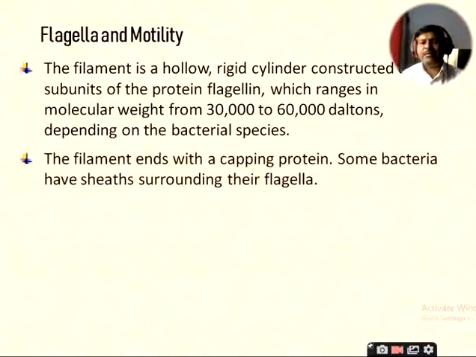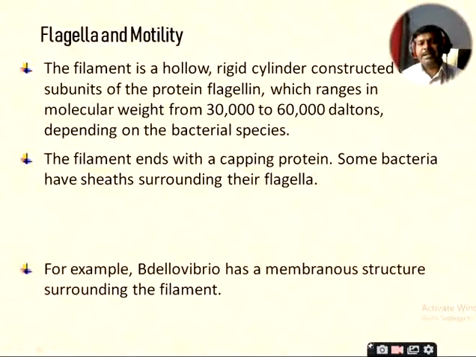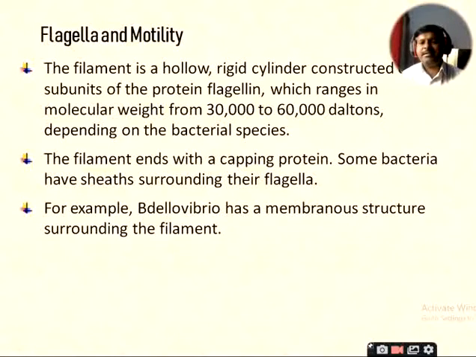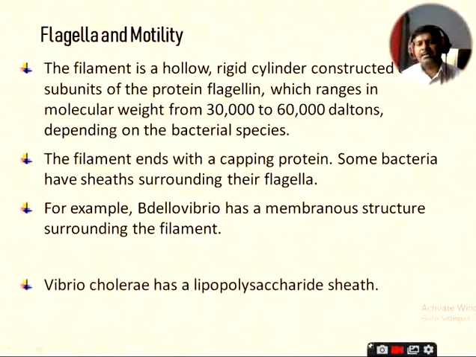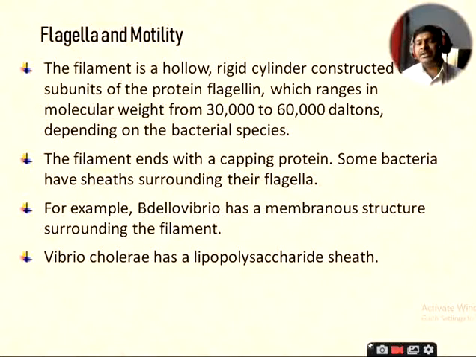Some bacteria have sheaths surrounding their flagella. For example, Bdellovibrio has a membranous structure surrounding the filament. Vibrio cholerae, the organism responsible for cholera, which is motile in nature, has a lipopolysaccharide sheath.